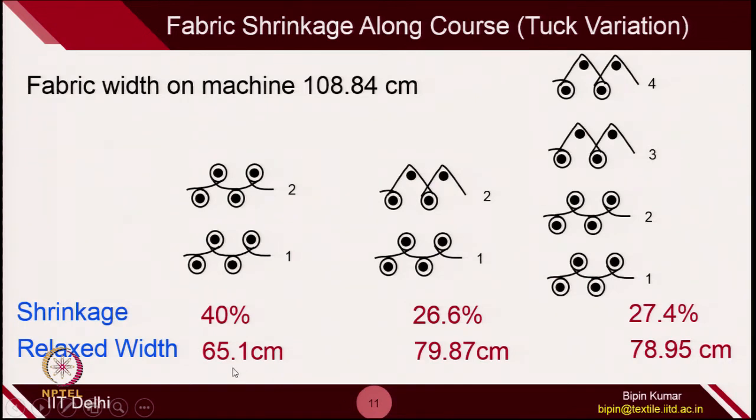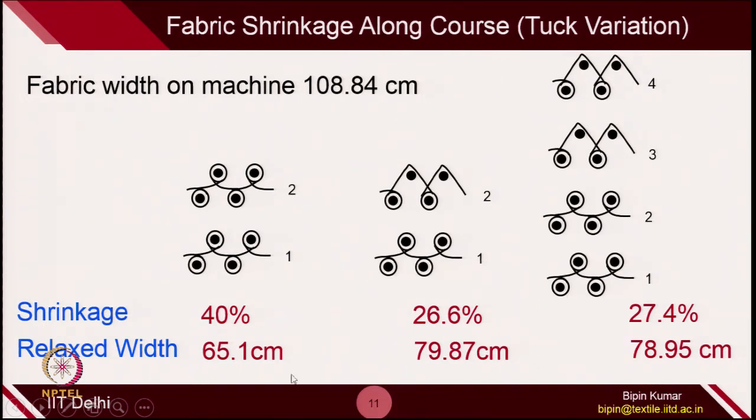So, with more tuck you can see the shrinkage has been reduced. In the first case the fabric shrinks 40%, in the second case by 26.6%, and in another case 27%. So, having more tuck, naturally the fabric shrinkage will reduce and the final width of the fabric will be more.